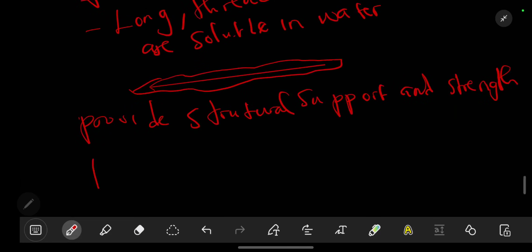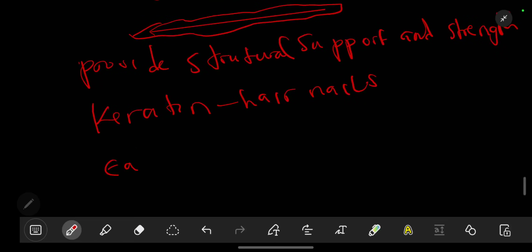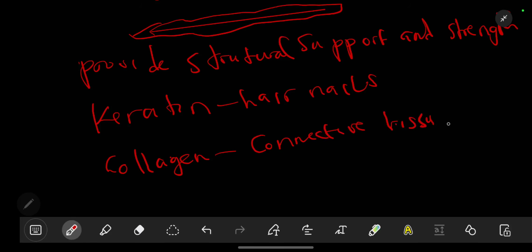Now the examples of fibrous proteins that we can have are keratin, which is found in hair and nails. Then we have collagen, which forms connective tissue. An example of connective tissue is tendons, which join a bone to a muscle.